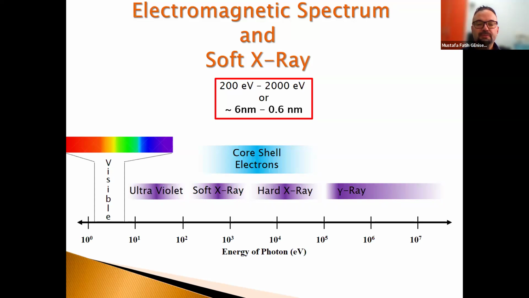Maybe you heard it in the other talks. Mostly we put these limits: when we say soft X-ray, we mean 200 eV to 2000 eV, so the wavelength changes from 6 nanometers to 0.6 nanometers.